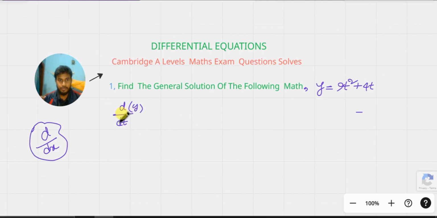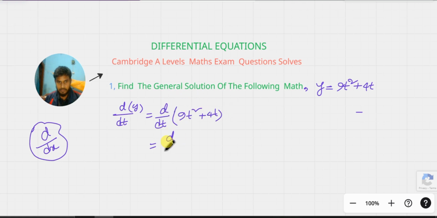At first we will take the operator d dt, because it is the operator of differentiation, and we will differentiate the y function. So we will get d dt, a differential operator, and here we will get the y function, that is 9t square plus 4t. Here the differential operator will act two times.